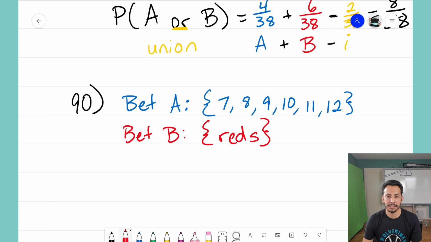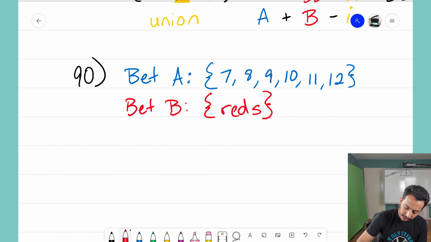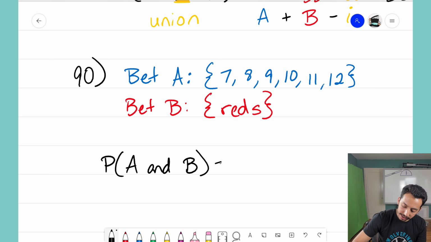Okay? Bet B is betting on all the reds. So my question to you guys for this problem here is, what is the probability of winning A and B? What's the probability of winning A or B?